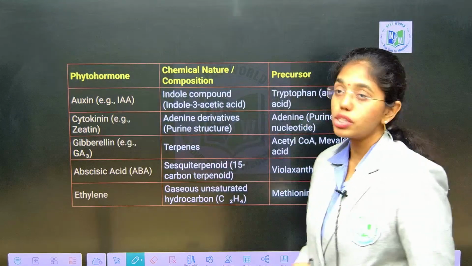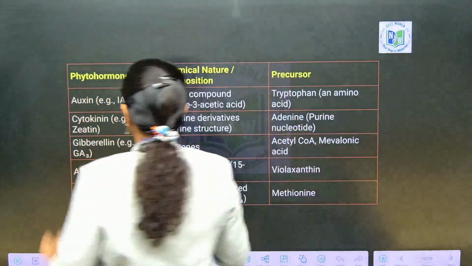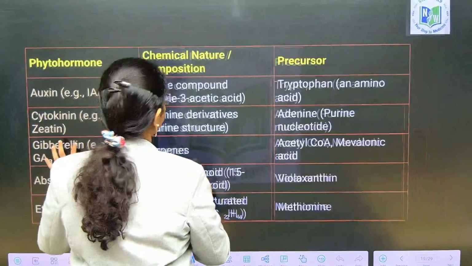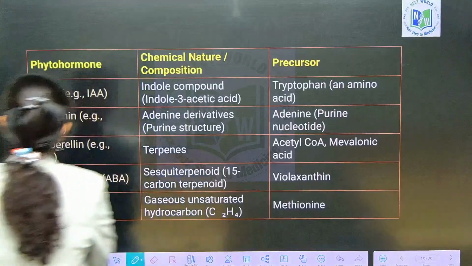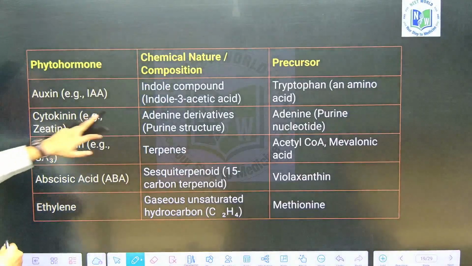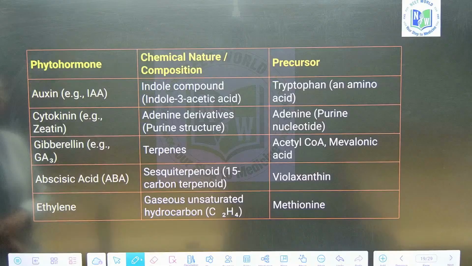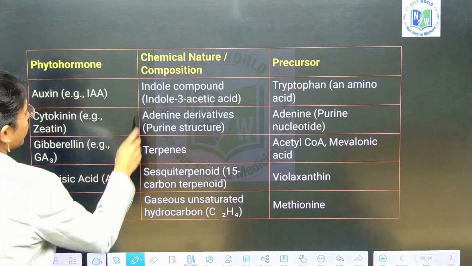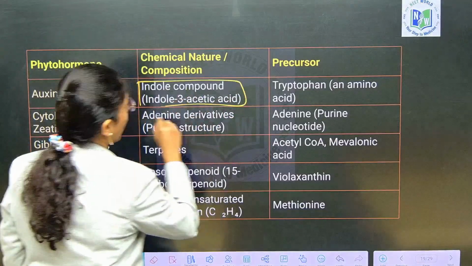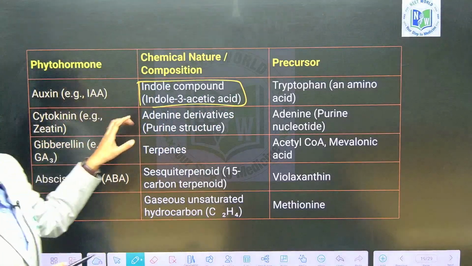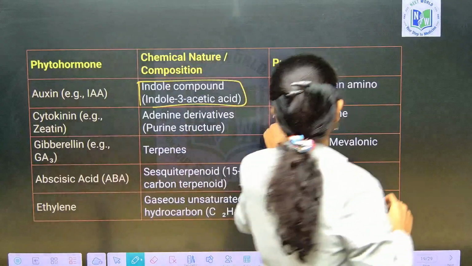If you look into this table clearly, for each phytohormone, you can see phytohormone auxin. Auxin will be having IAA, and their derivatives are indole compounds. And precursor of auxin is tryptophan, which is the aromatic amino acid.